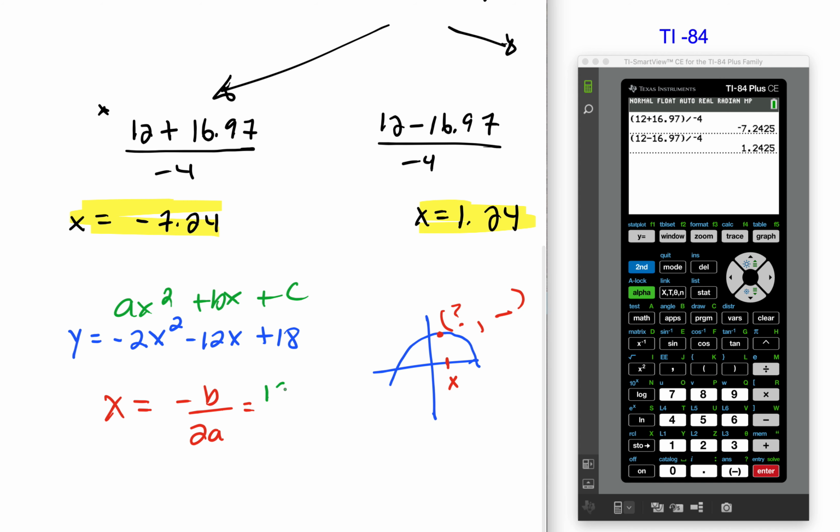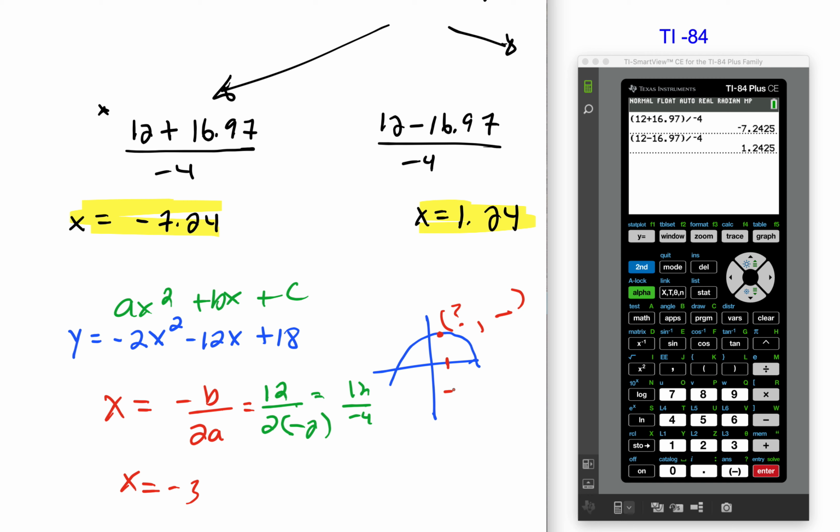So it's negative 12, which is positive 12 over 2a, and a is negative 2. So 12 over negative 4. So x equals negative 3. So that means that this value right here is negative 3.